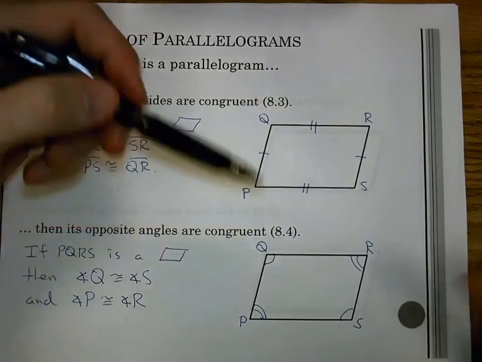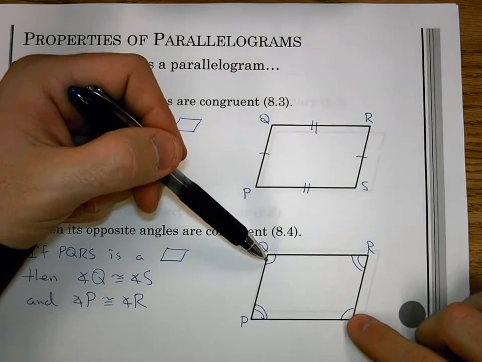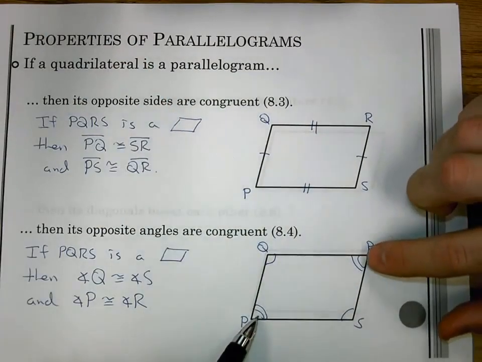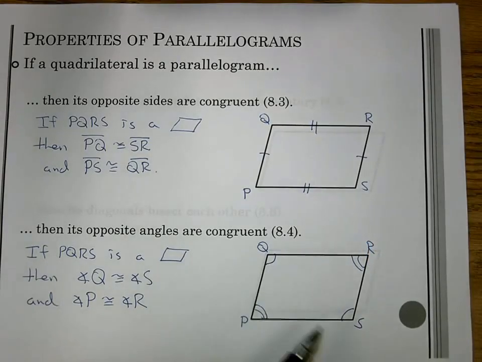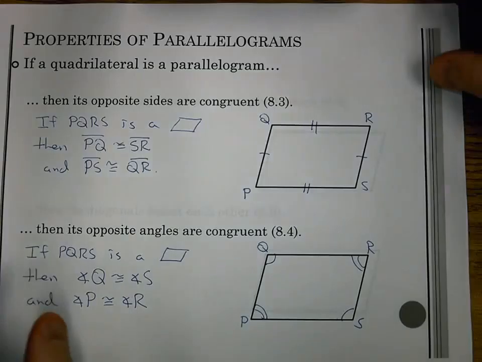Same idea as the previous one. If I know these values, I can set them equal. If I know these values, I can set them equal. Now, we're going to look at some examples later, but remember, we know those opposites are the same, as well as the total would also be 360. We'll get to that one in a little bit.